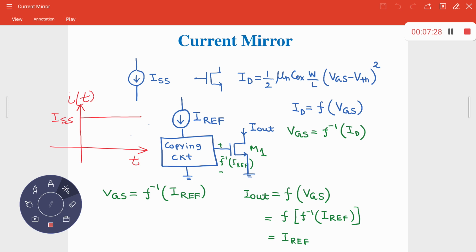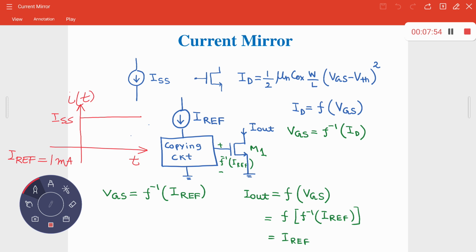And you copy it. So it's not that the current is fixed. For example, I reference is equal to say 1 milliampere. Sometimes you require a 1 milliampere current source, sometimes 2 milliampere, sometimes 0.1 milliampere, sometimes 0.5 milliampere.